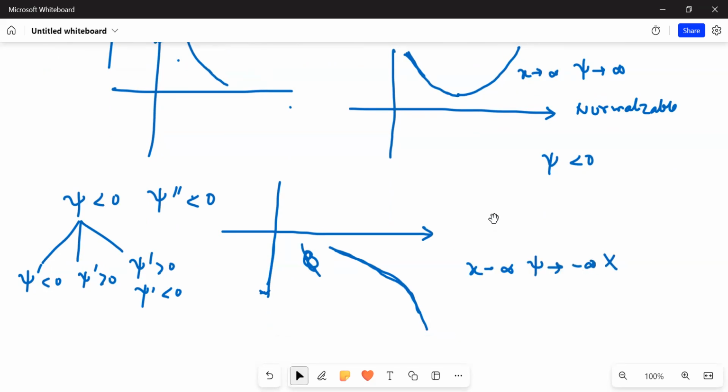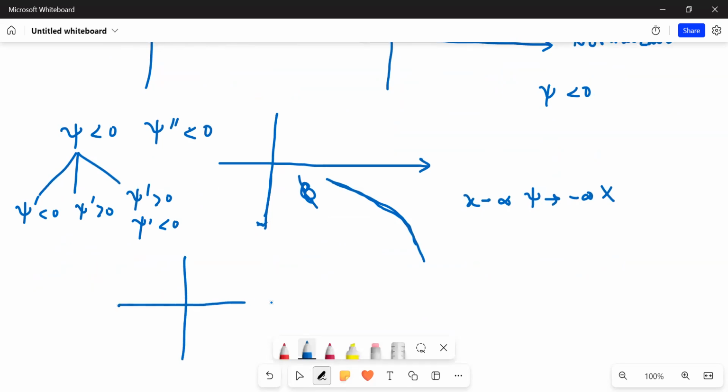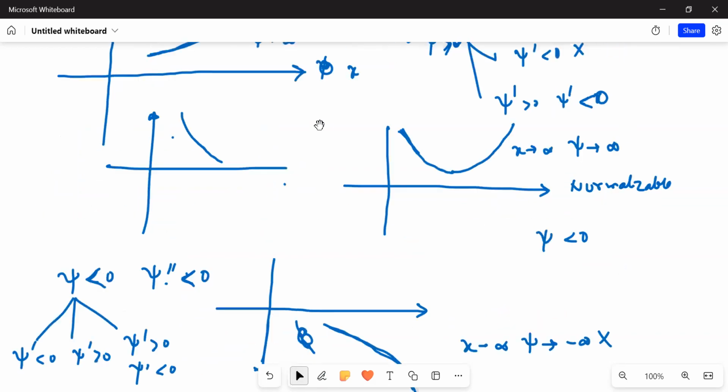Again, a violation for a normalizable wave function. Similarly, it is possible that it increases at a decreasing rate initially, and then it would decrease at a decreasing rate. I only have knowledge of ψ and ψ double dash, not of ψ dash. So if ψ dash is greater than 0, ψ double dash is already less than 0, so it increases at a decreasing rate and then turns. Clearly as x tends to infinity, ψ is tending towards minus infinity.